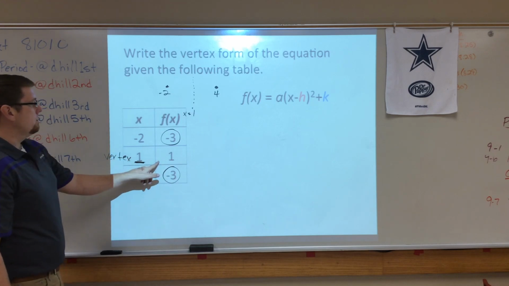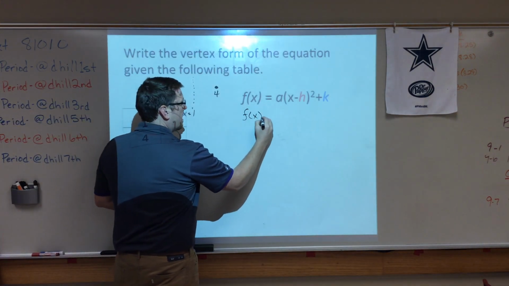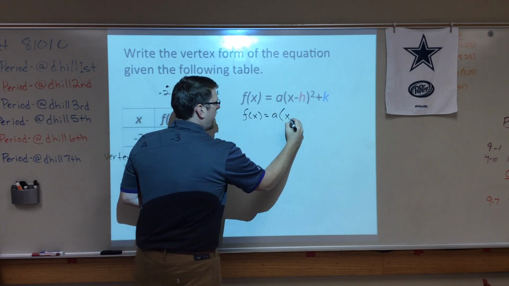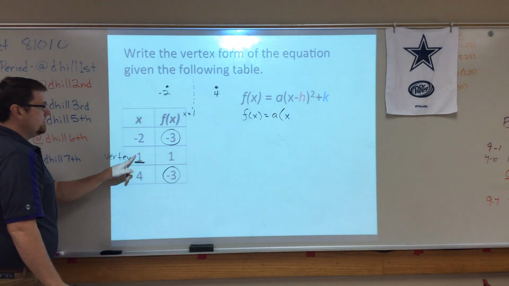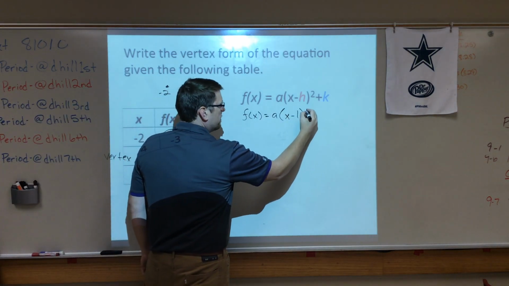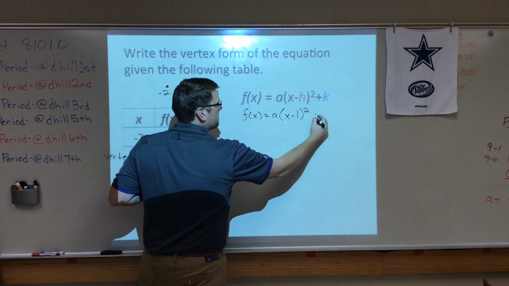Now that we know this, let's plug it in. So our equation right now is f of x equals a (x minus 1) squared plus 1. The positive x value is going to look negative in our equation. And then my y value of my vertex is +1.